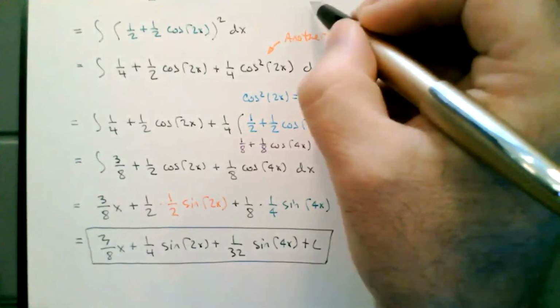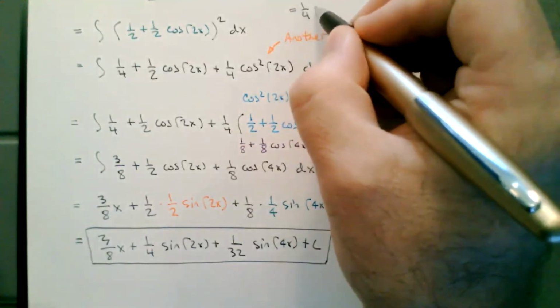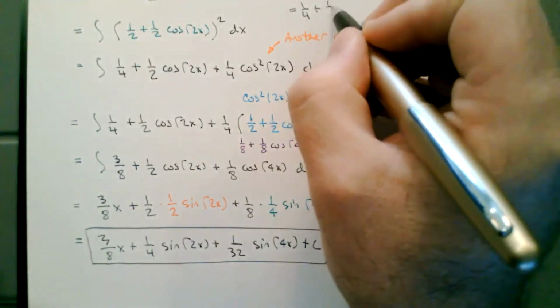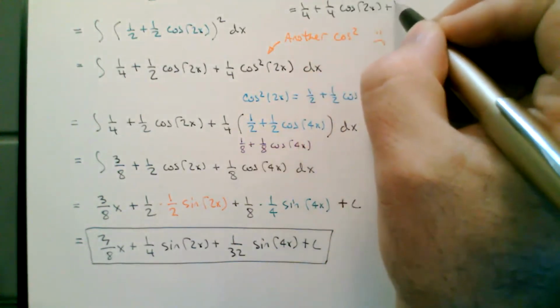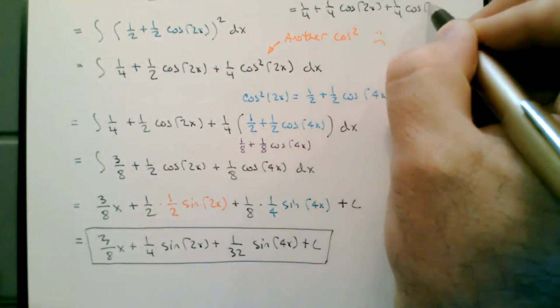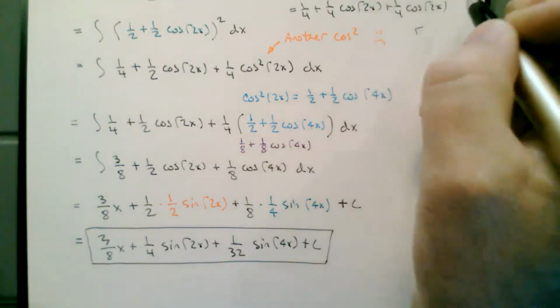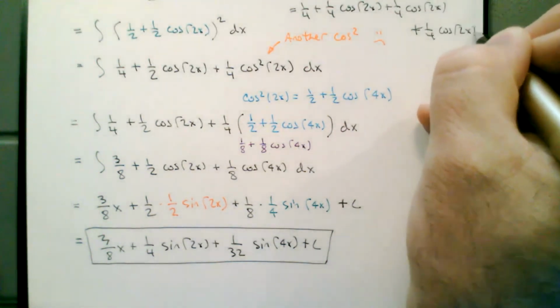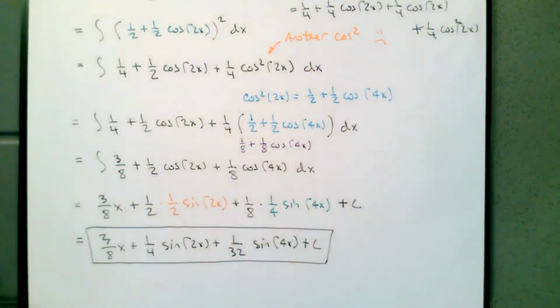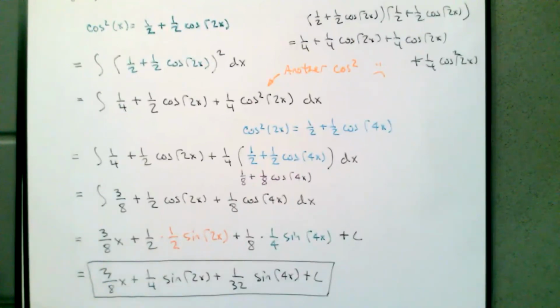So first, outer, inner, and then last. And then the 1/4 and the 1/4. Oops, there it is. Now 1/4 and 1/4 is a half when we combine like terms.